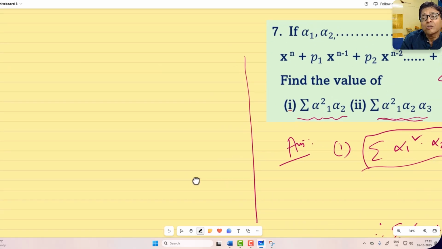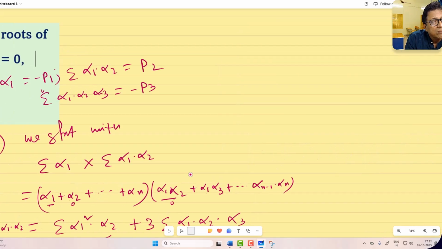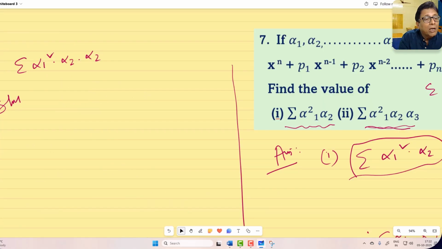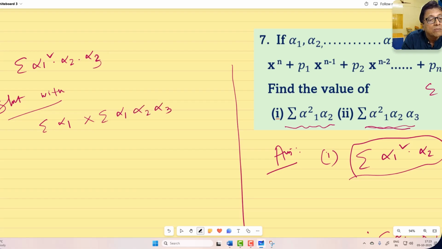So like the previous one, what to start with? To find sigma alpha 1 square alpha 2 alpha 3, we start with this product, sigma alpha 1 into sigma alpha 1, alpha 2, alpha 3.